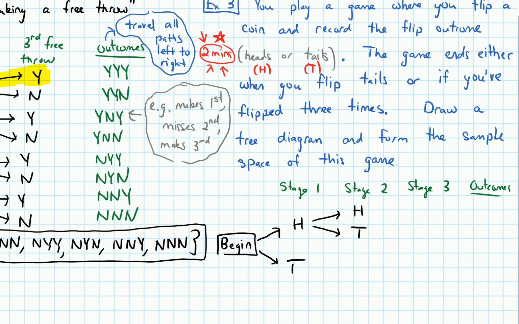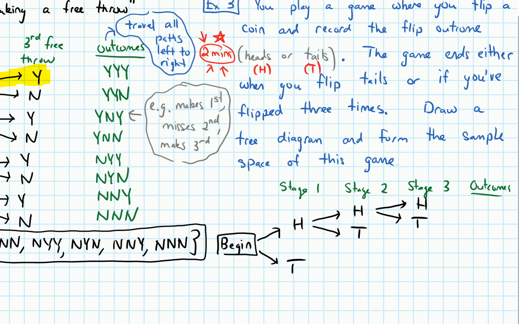But if we got an H, we flip again, and we could either get an H or a T. And at this point in either of these situations, we stop. Because if we got a T, the game says you end if you flip a tails. And if you got heads, well, we flipped 3 times already, so the game still says, end.